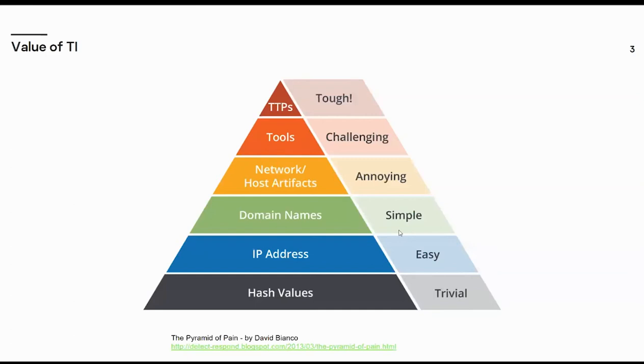So if you look at the bottom of the pyramid, which is the hash values, for example, while this is a very valuable set of information that usually gives 100% confirmation of a sample being malicious or not, the frequency at which the malicious samples are changing is quite daunting. We alone at Kaspersky see more than 350,000 unique malicious samples every single day.